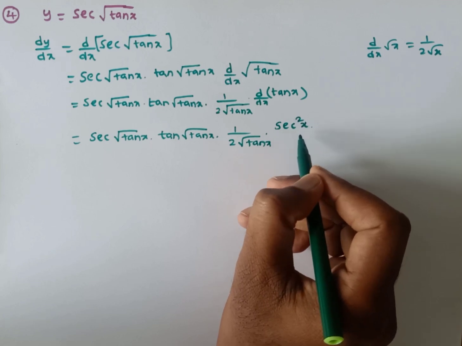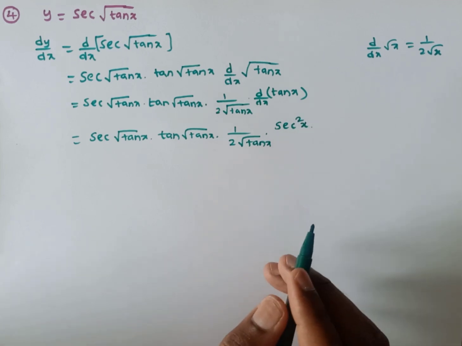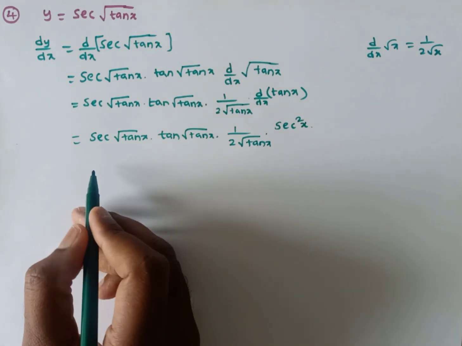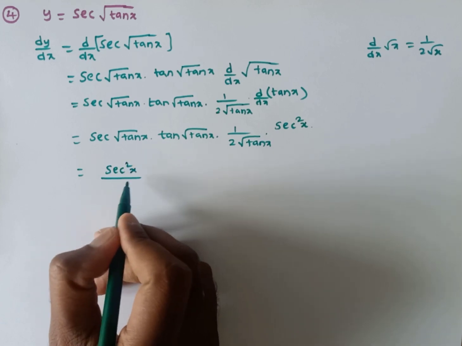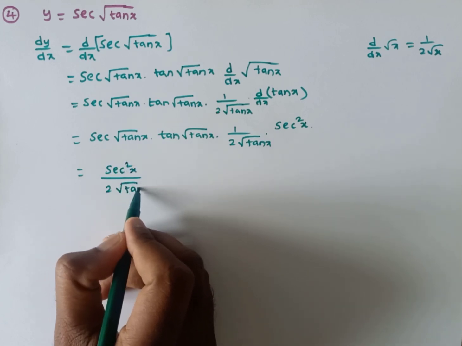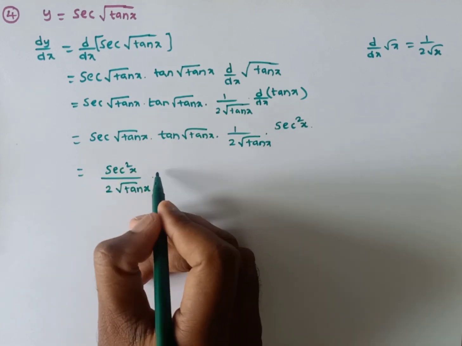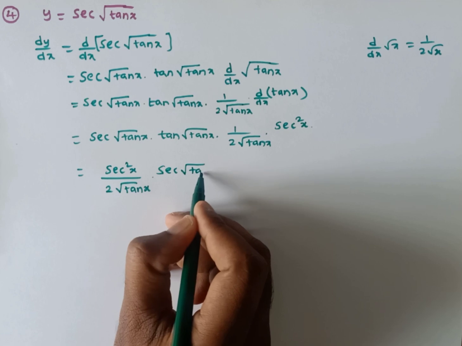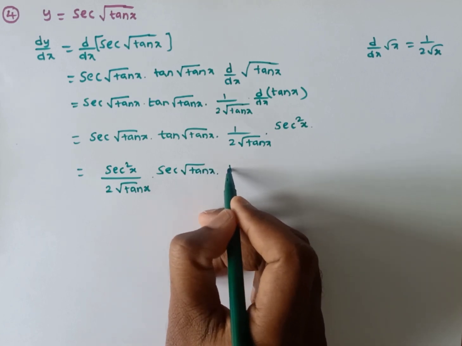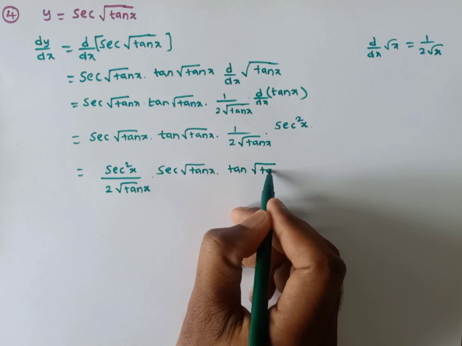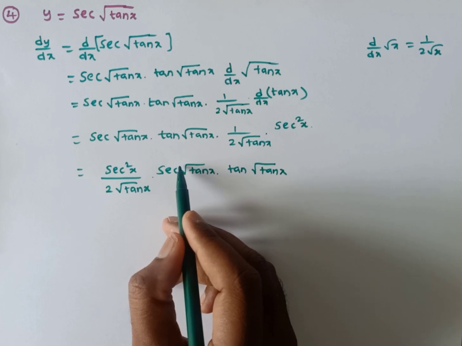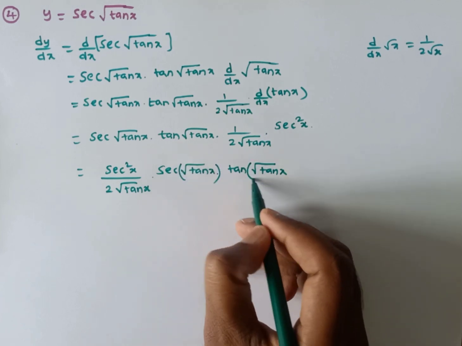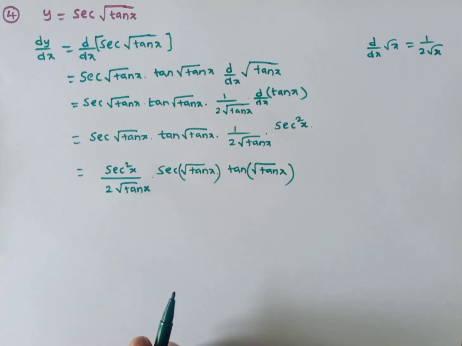So with this it is completed. Into, what should we do, d by dx of x, that is 1, so just leave it. So finally this is secant square x by 2 into root of tan x, into this part: secant of root tan x into tan of root tan x. So root tan x should not be cancelled. Okay, so this is secant of something and it is tan of. So this is an outer function. So the derivative of secant of root tan x is this one.